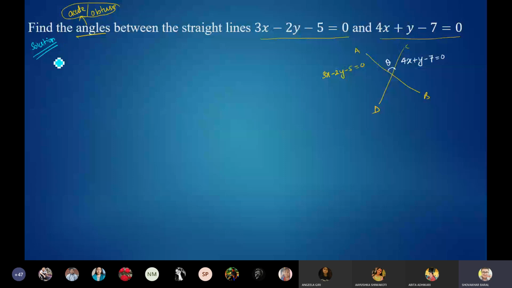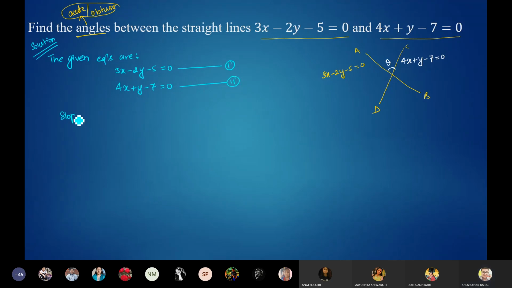Solution. The given equations are 3x minus 2y minus 5 equals 0, equation number 1, and the second equation is 4x plus y minus 7 equals 0, equation number 2. Let's find the slope of equation 1.